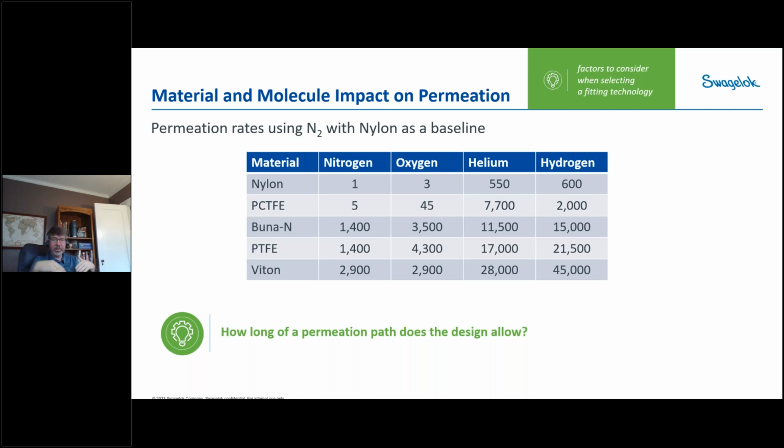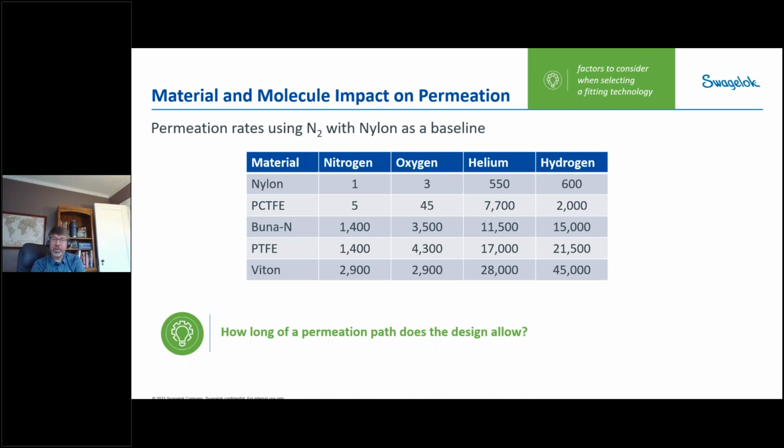So given everything else being equal, if we say a nylon seal in nitrogen gas gets a permeation rate of 1, whatever that unit is, 1 liter per hour, or 1 milliliter per hour, but we set everything else equal so that that's a 1, you can see how the gas molecule and the seal material can have vast differences in performance. And it's not always logical the way they change.